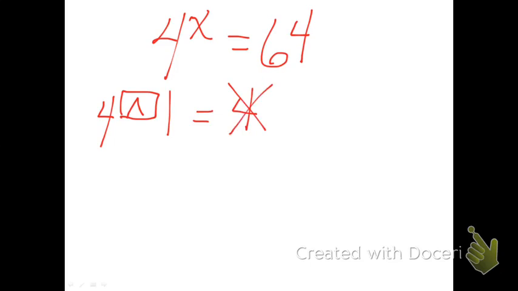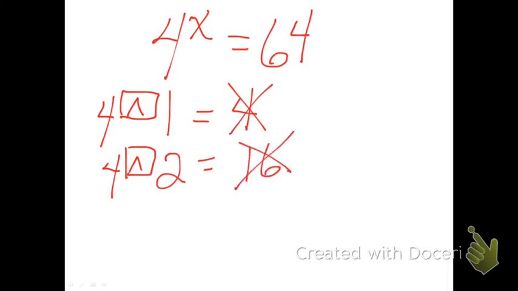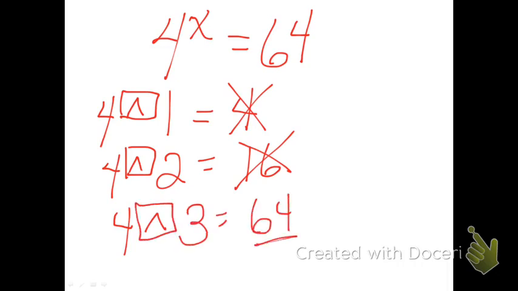That doesn't match. 4 caret key 2, that's going to give me 16. That doesn't match. 4 caret key 3, that's going to give me 64. Since this matches, then I now know that that is actually 4 to the third.